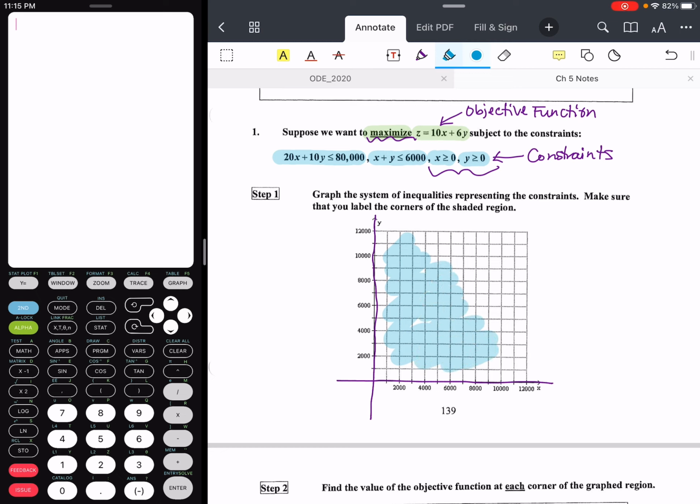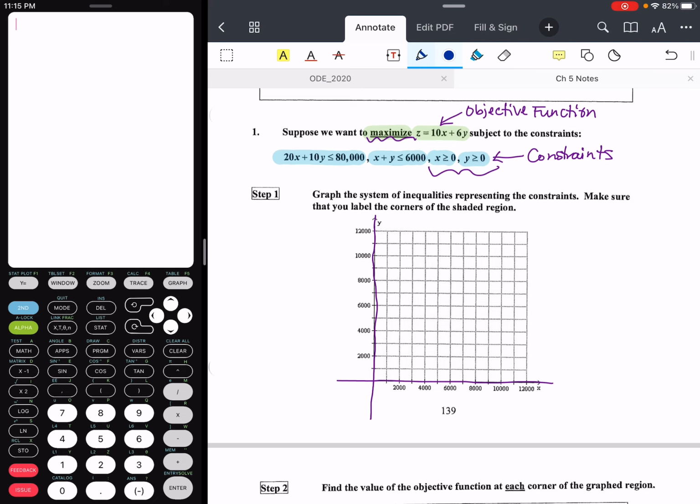So I'm going to undo that shading, but you'll see these quite often where you have x greater than or equal to 0, y greater than or equal to 0, and all that's doing is restricting you to that positive quadrant, quadrant 1 so far. All right, so let's fill in the other two constraints here.